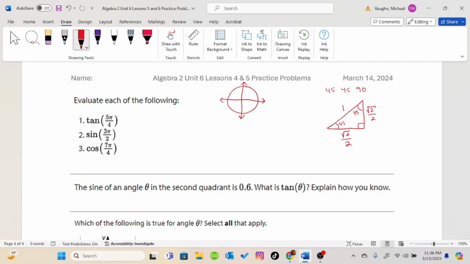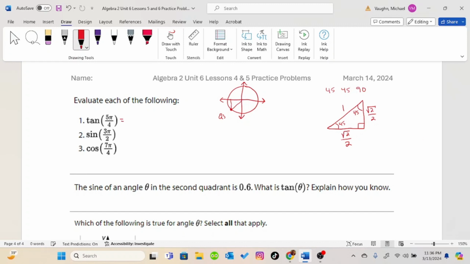Five-fourths takes us all the way to pi, and then halfway through quadrant 3. So now we have one of these 45, 45, 90 triangles, where the x is negative and the y is negative.